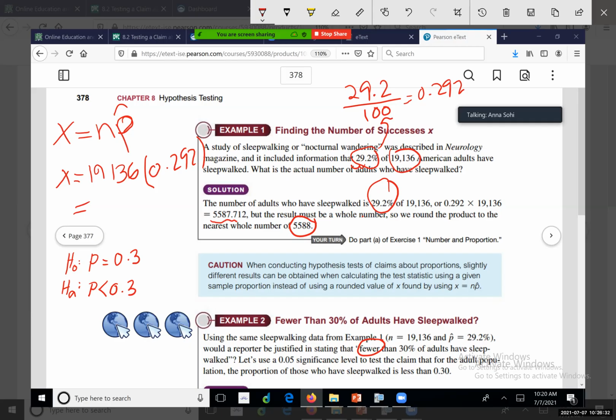And then the alternative is fewer than 30%. So that's step one. Step two is making sure that the failures and successes are greater than 5. 19,000, so what is it? 5,588 were the successes. Hold on a second, give me a minute.